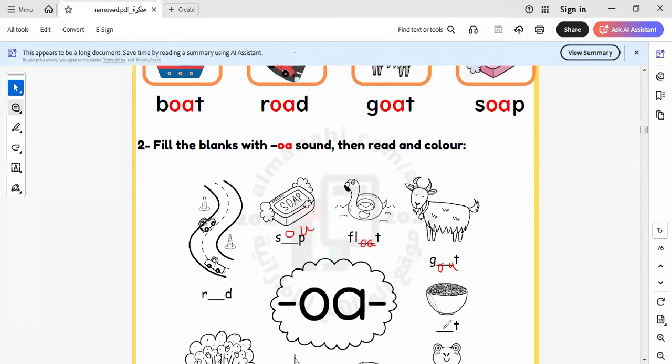Here is goat. Here we have boot. Here we have road. Okay, here is soup, here is fruit, here is goat, boot, and so on.